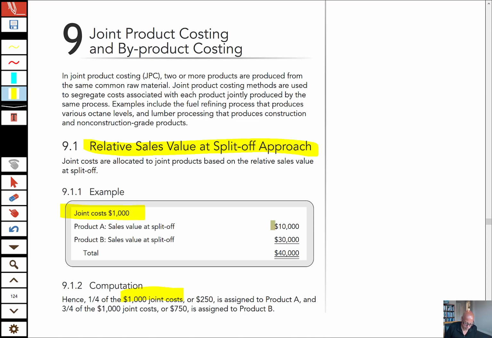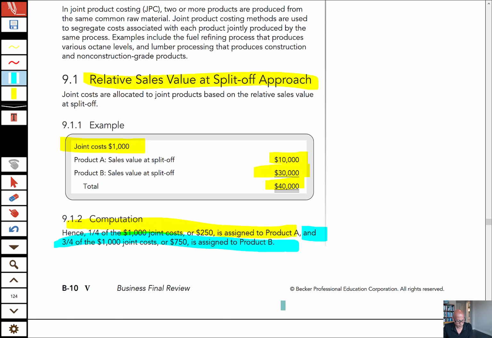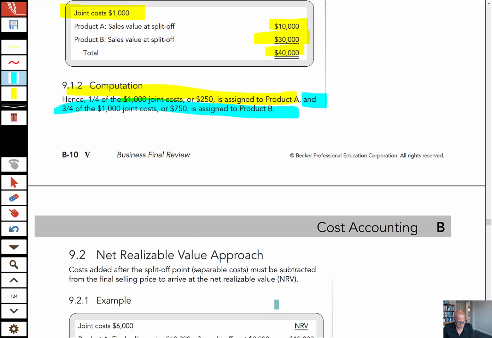So 10,000 for product A, 30,000 for product B, total is 40,000, so a quarter of the cost will go to product A, since that represented 10,000 of the 40,000. And then 3/4 of the cost, since that represented 30 of the 40,000, will go to product B. You can see they calculated 250 and 750 accordingly.